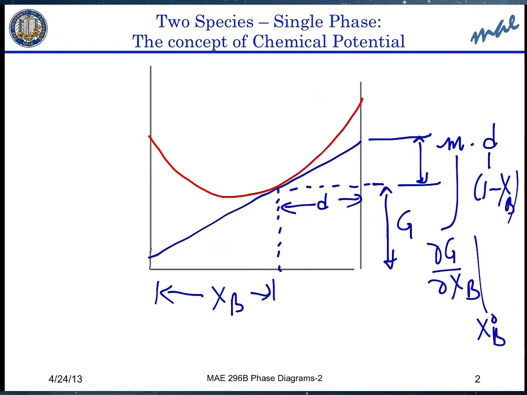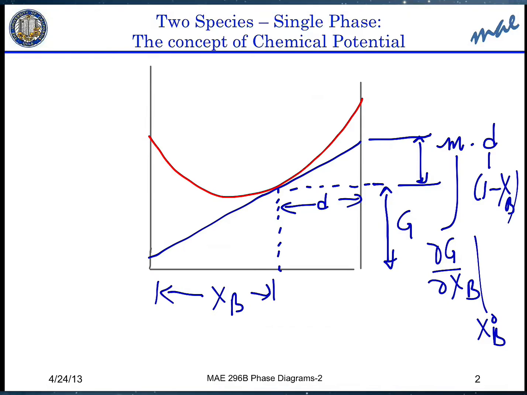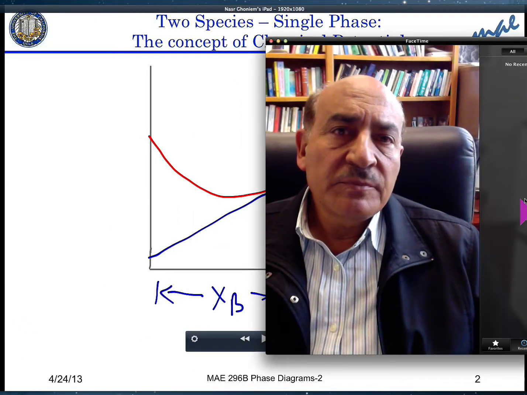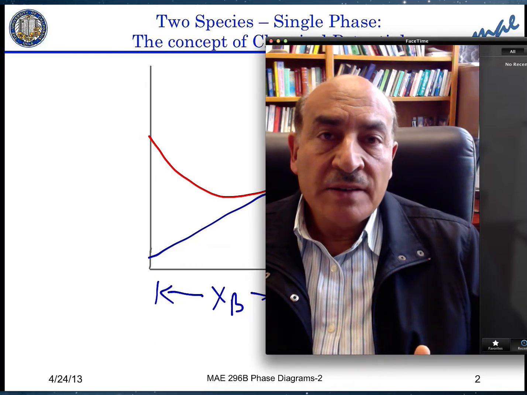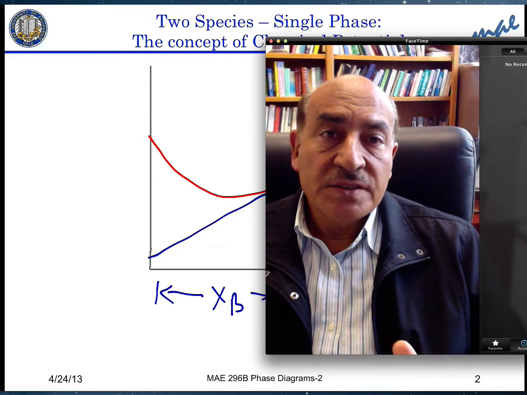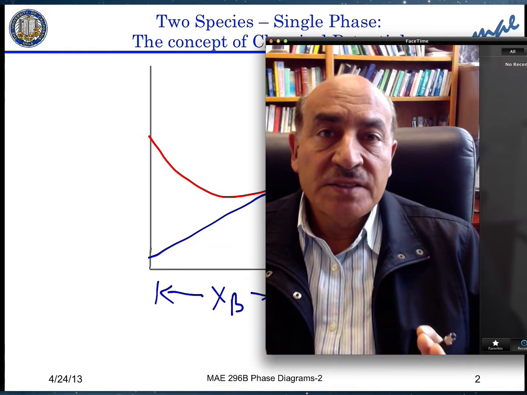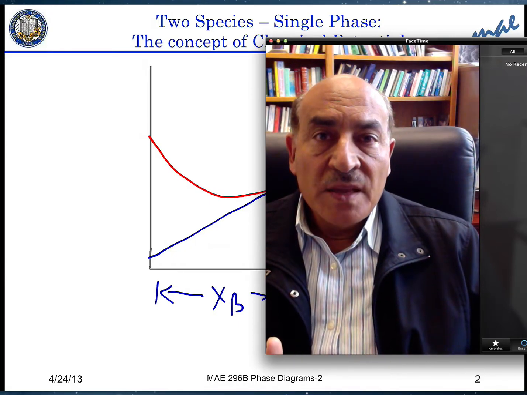And therefore we have shown that we can obtain the chemical potentials once we have a model for the Gibbs energy as a function of the concentration. So the key is that we need the Gibbs energy as a function of the concentration of the species.